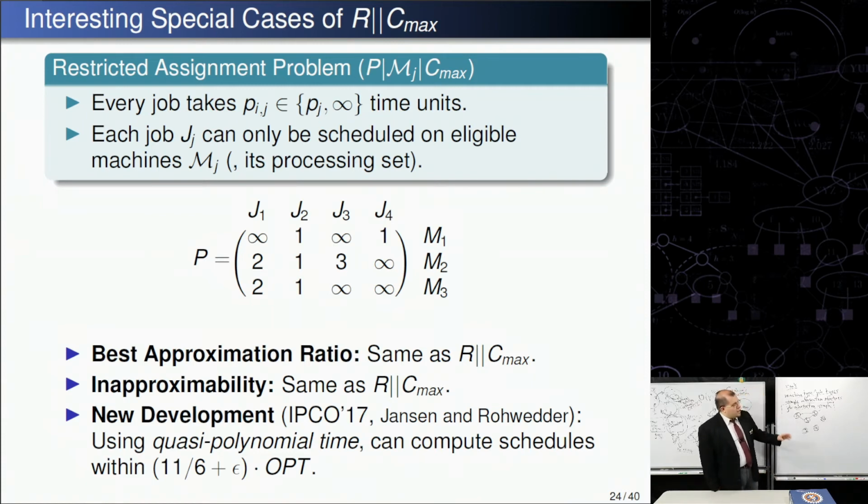Other than that, it's worth noting that we have very few examples of special cases where we can break the 2 barrier. The best known approximation ratio here is 2. Can we break the 2 barrier? That's really one ultimate question that a lot of people have been curious about. So for restricted assignment in general, it's still 2, but something could change in the future. I'm not quite sure.